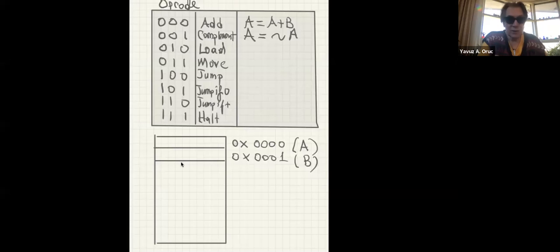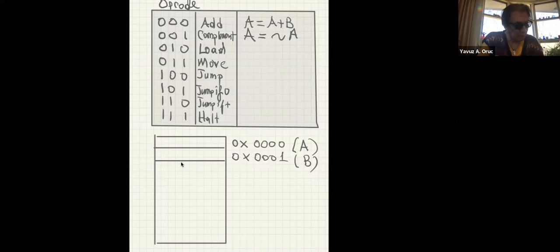And the load instruction is a kind of instruction that uses 2 of these 16-bit words, okay? So when you look at a load instruction, a load instruction will be part of my program.